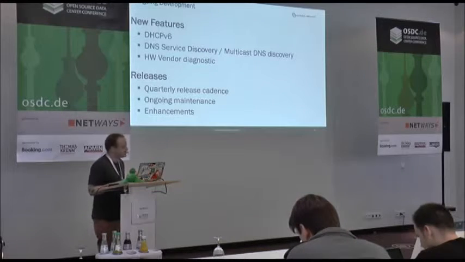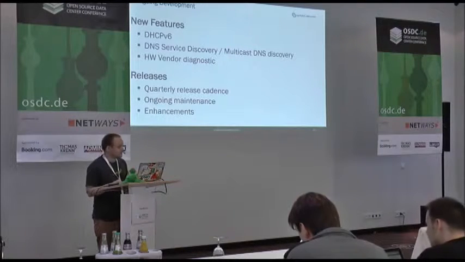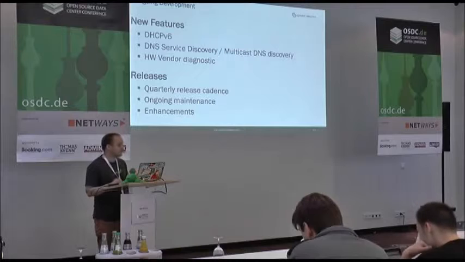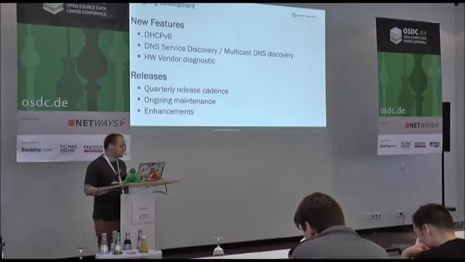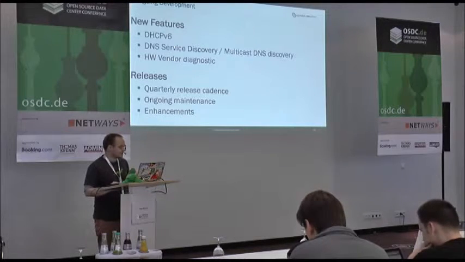So these are some of the new features we're actively testing and trying to get our V6 feature set fixed up. We're working on DNS service discovery and multicast, and this hardware vendor diagnostics tool. We do quarterly releases, ongoing maintenance, and we've had lots of contributions.